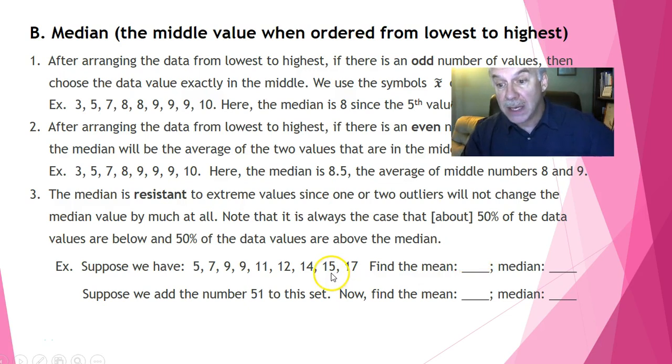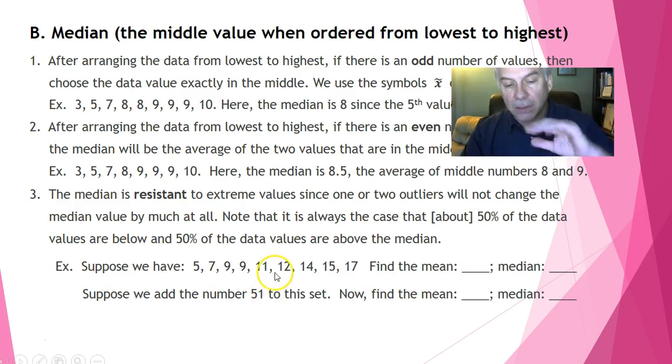Now, the median. If you look at the values, 5, 7, 9, 9, 11, there's a total of 9, so the middle number is 11, so the median is also 11. So the mean is 11 and the median is 11. Sometimes that happens. Now suppose we add the number 51 to this set.